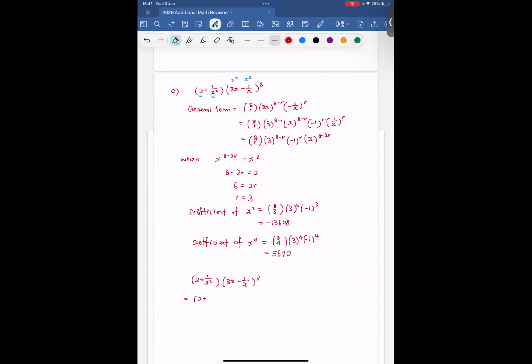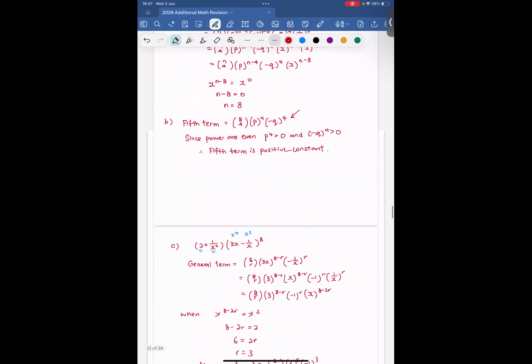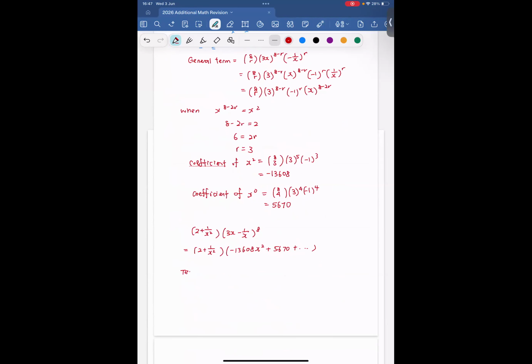I only need negative 13608x squared plus 5670. Then the term independent of x is just equal to 5670 times 2 minus 13608, which is minus 2268.